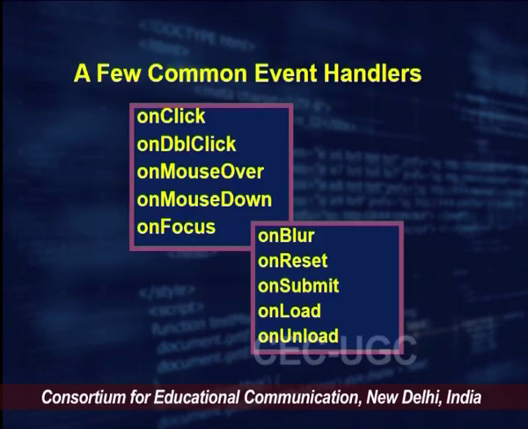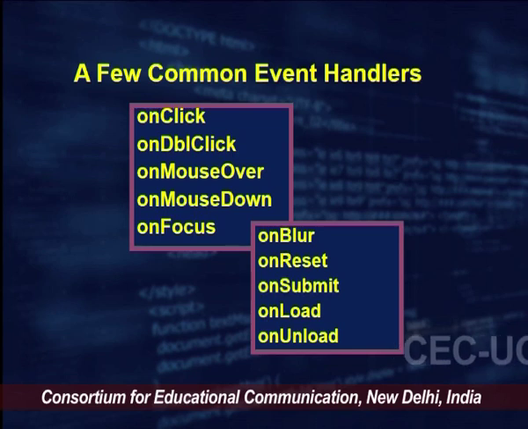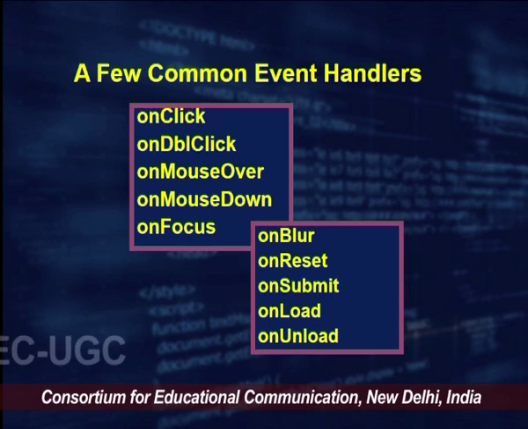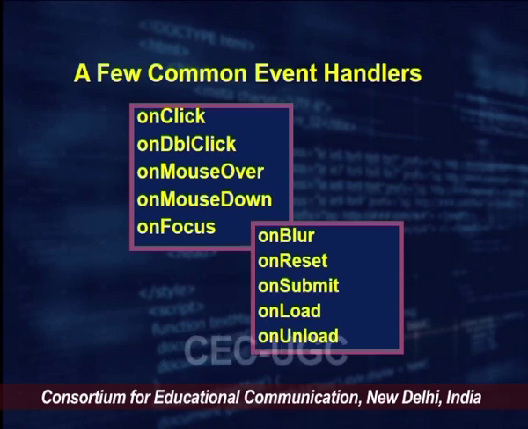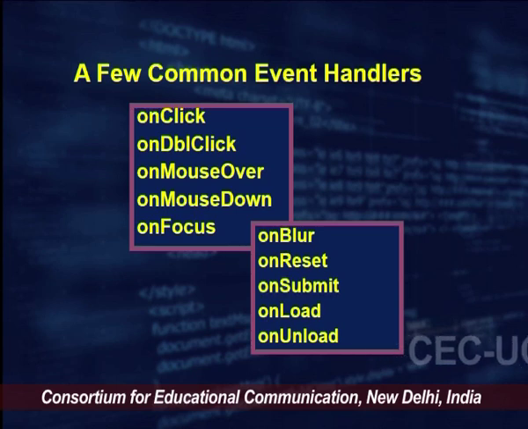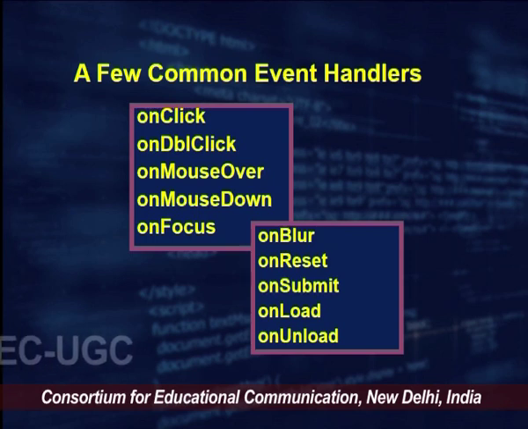There are a number of events, and event handlers are written for multiple events, but the most common ones are listed here. So you have onclick, double click, mouse over, mouse down, onfocus, onblur, reset, onload and onunload. The other events are all similar.